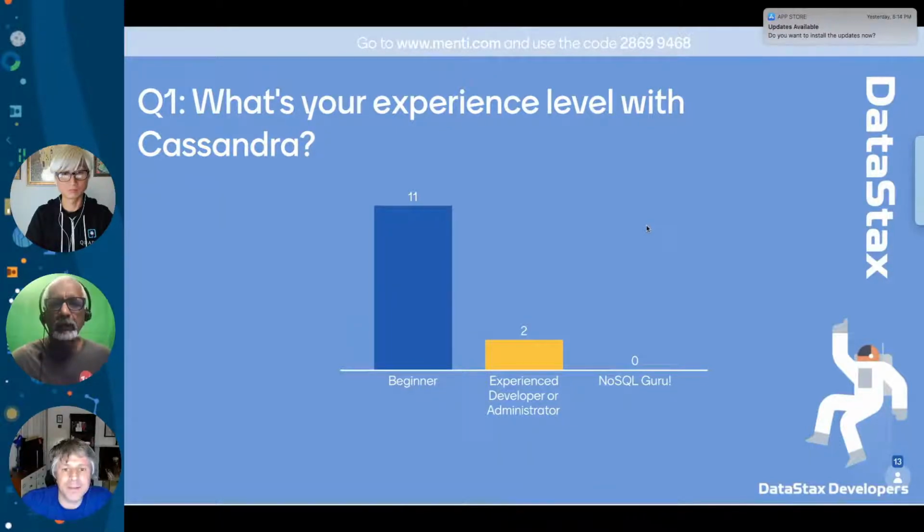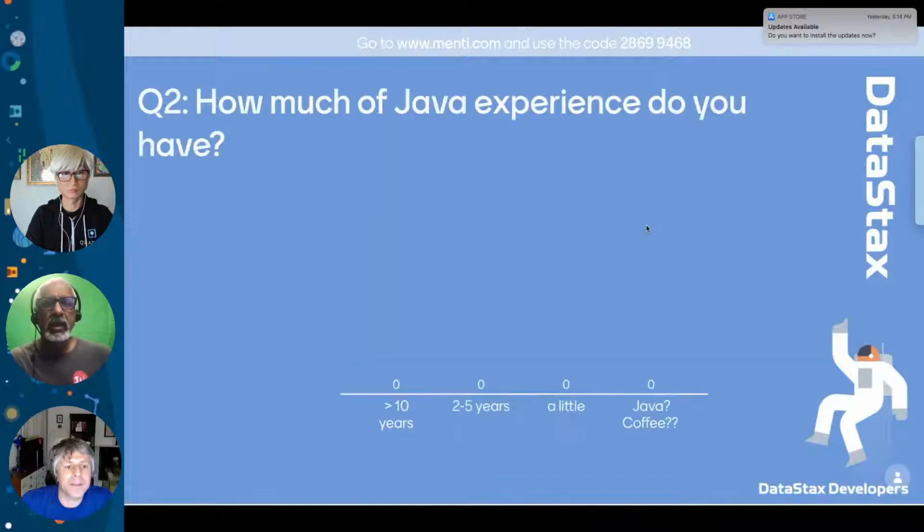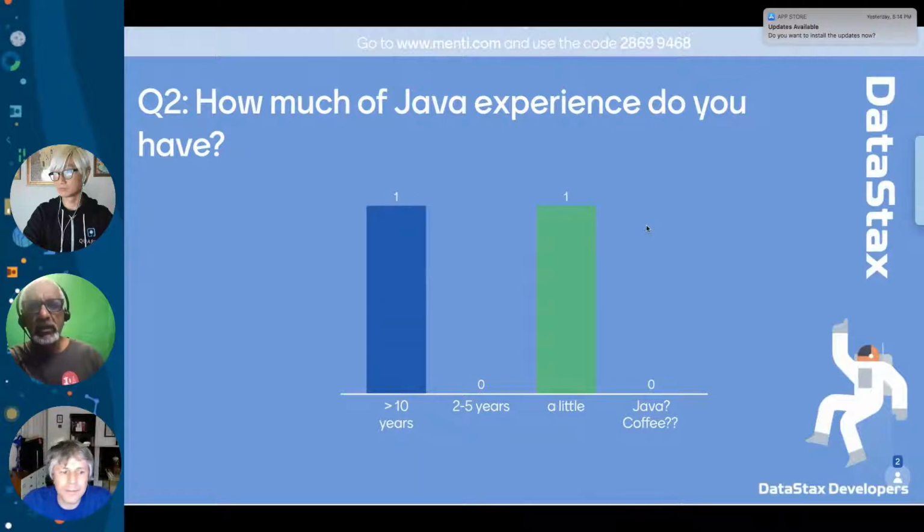All right, moving on. Next question. How experienced are you with Java? I already told you, I'm pretty experienced. But feel free to put in what your experience level is. A little, okay, to be expected. Greater than 10 years, watch out. 2 to 5 years. Java coffee. Don't be shy, come on.